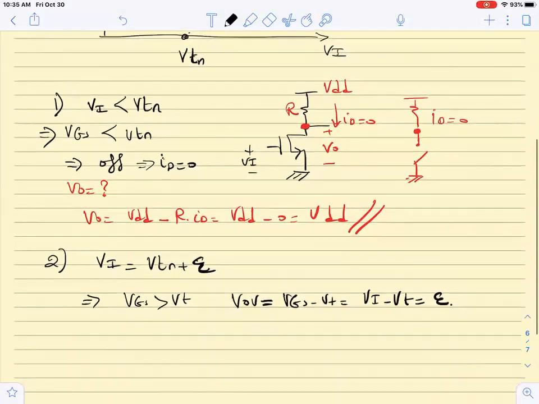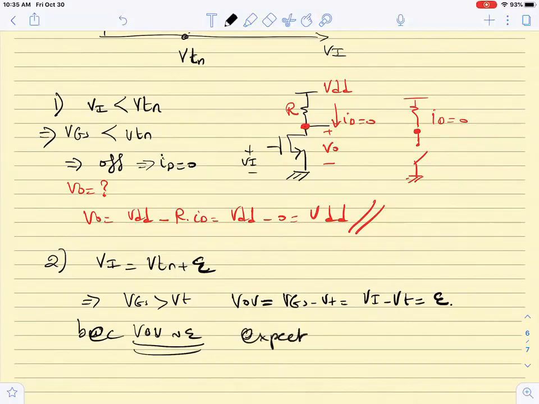Because VOV is epsilon, I expect the current to be small, and the output barely has dropped. This needs proving, so right now we're just saying it as a story.